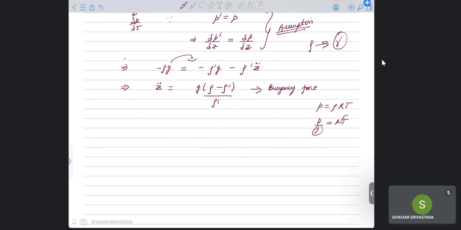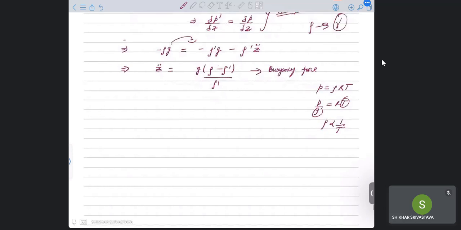So rho has an inverse relation with temperature. Since this air has some water vapor also, instead of just temperature, we replace it with virtual temperature, which is a hypothetical temperature we take into account when studying a parcel which has moisture.